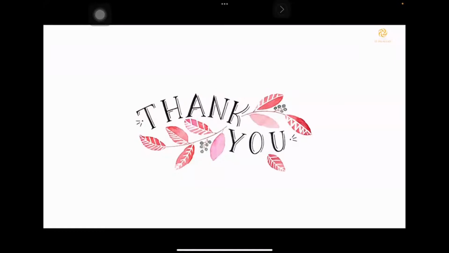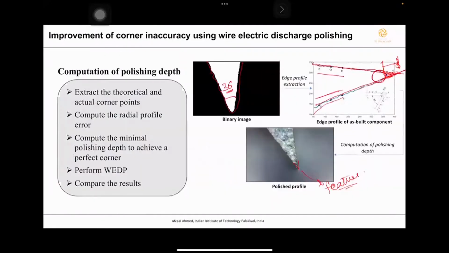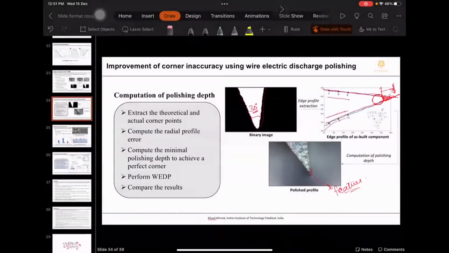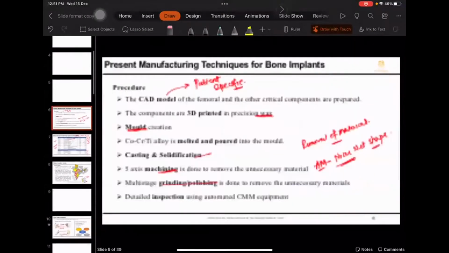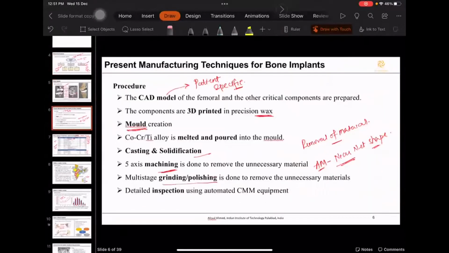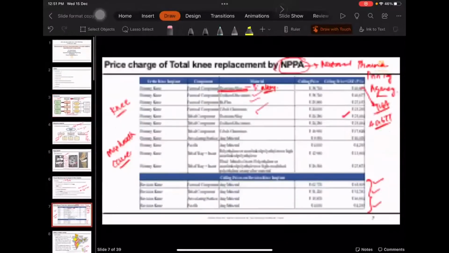Another question related to implants: in real time, are there any implants made by additive manufacturing that have started to be used for the human body? Yes, it is there, but at present it is very expensive. I have shown you a slide where a hip implant was shown.